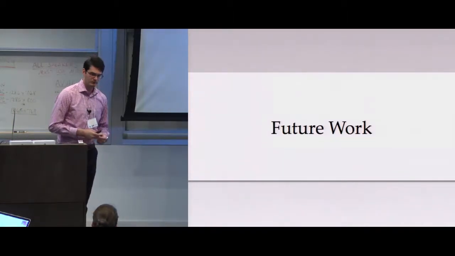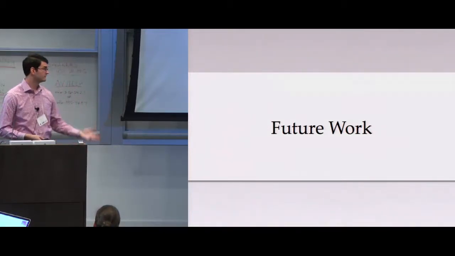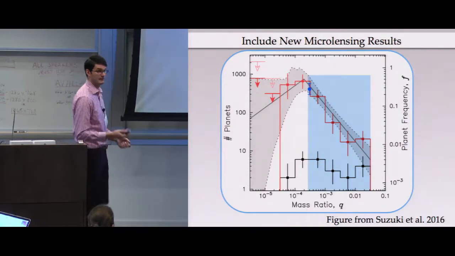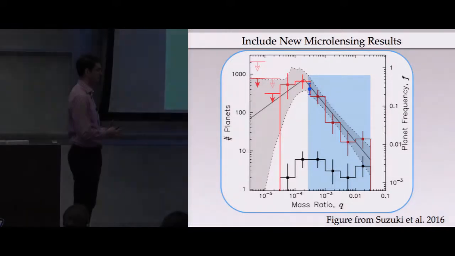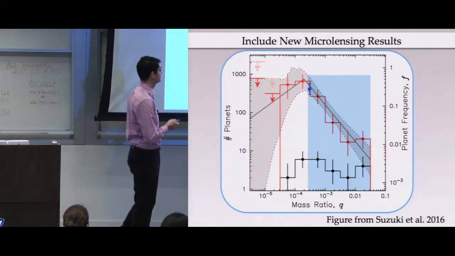And so, future work and how we can improve this and learn more about exoplanet demographics and further the study. One thing is to include results from Daisuke's survey, the MOA survey that looked at a bunch of events and determined this mass ratio function.